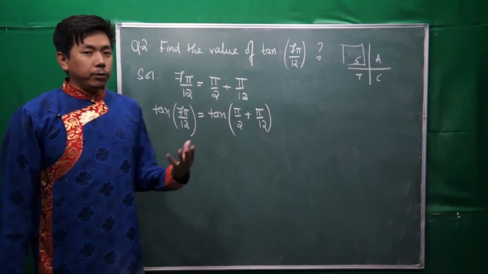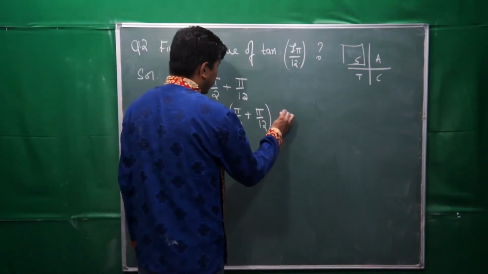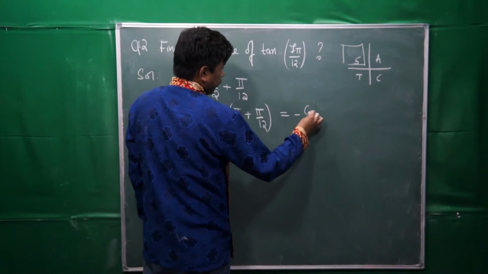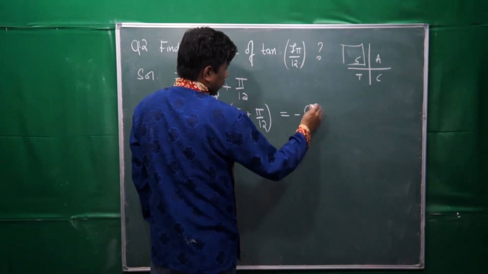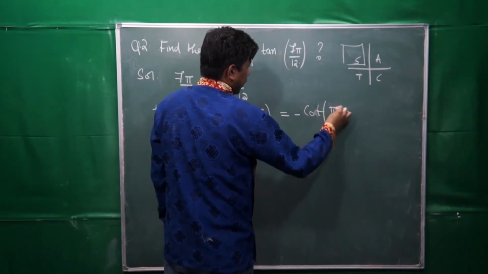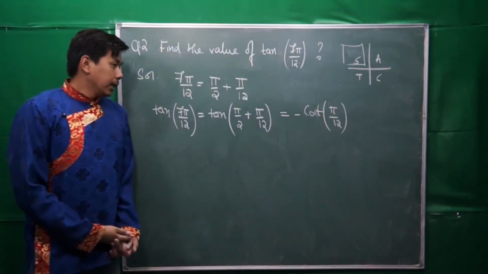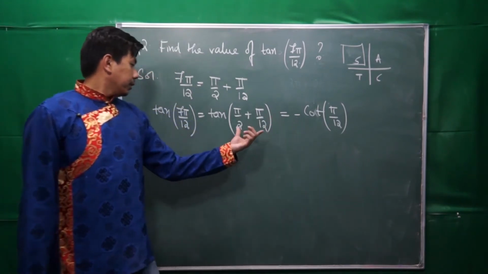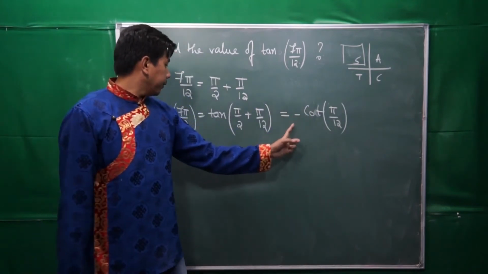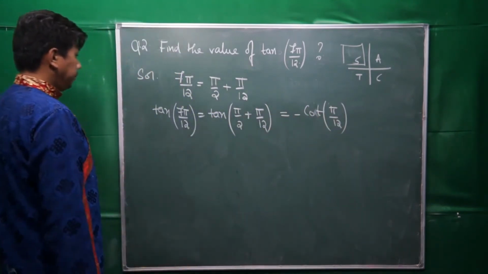All right, focusing on what we did in the previous class, we have tan of pi by 2 plus pi by 12. This is the part where this angle is going to lie. So in this part, only sine and cosec are going to be positive. Therefore, tan of pi by 2 plus pi by 12 is going to be converted into minus cot pi by 12. Negative because this angle lies in the second quadrant. Now tan 90 plus theta equals cot theta. Simple.